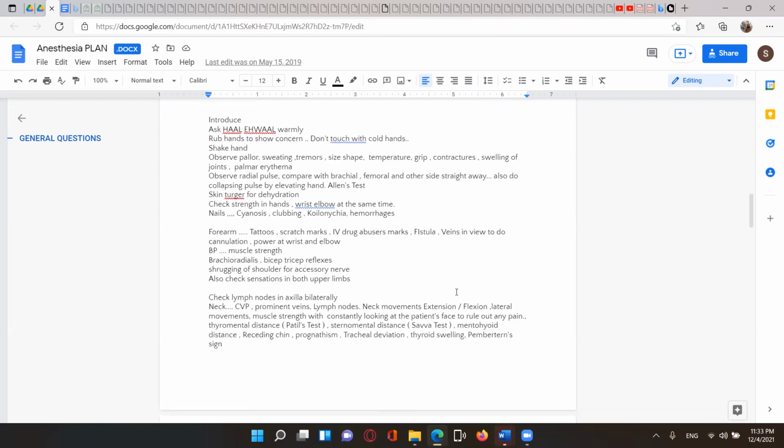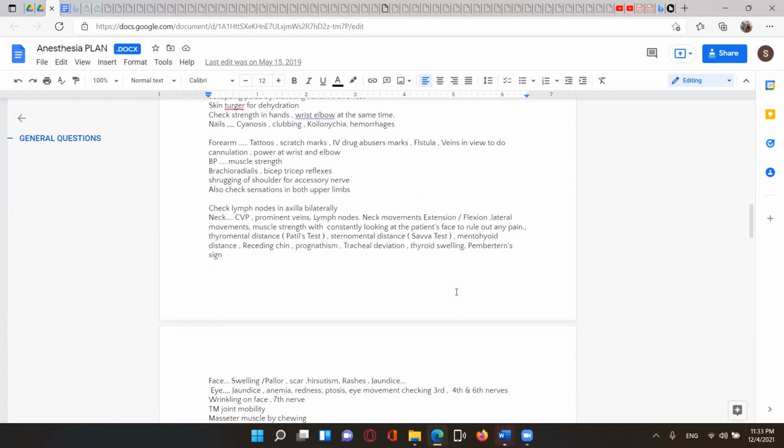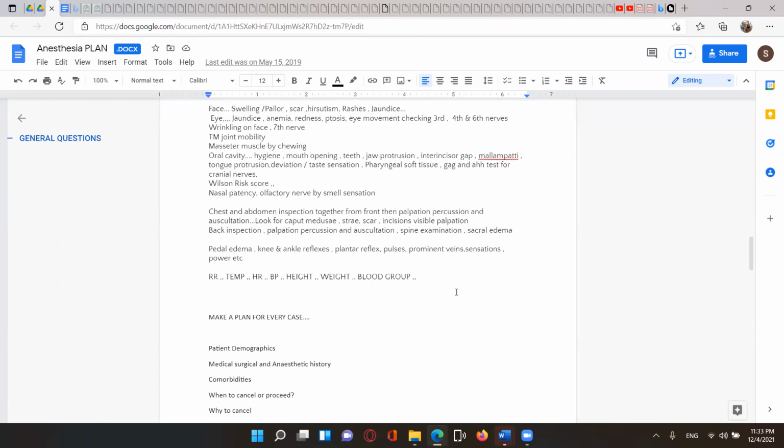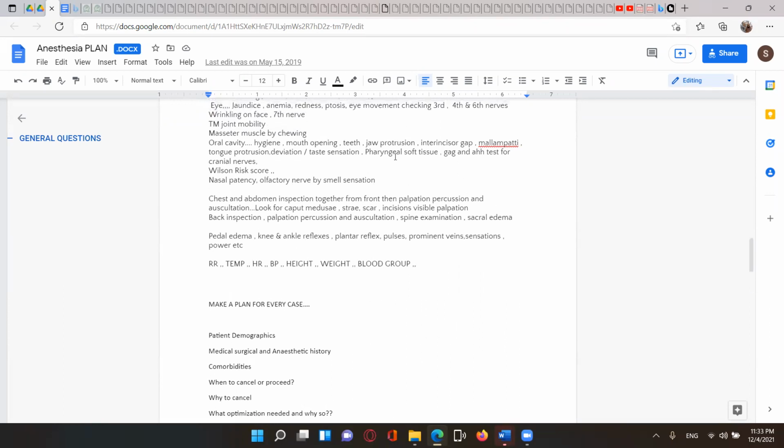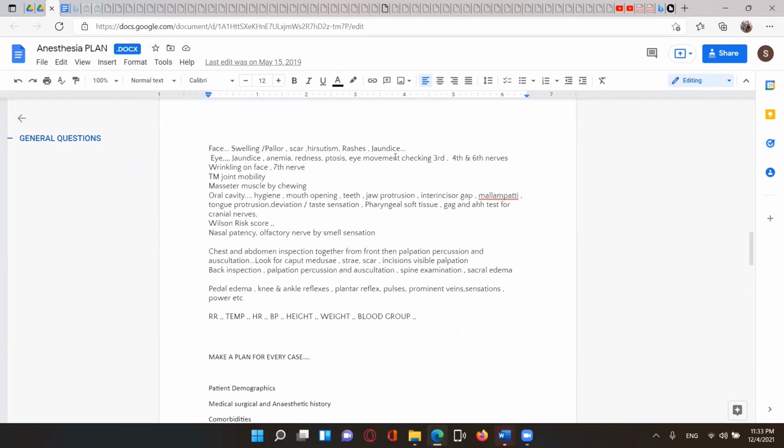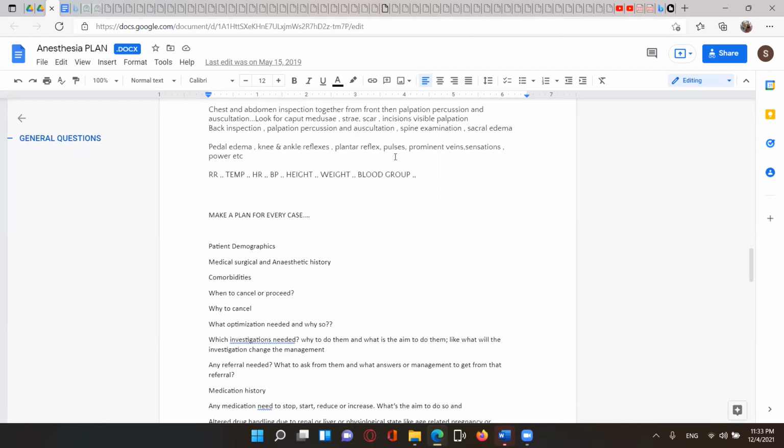This was related to the examination. There is no time for too much detail, but you should be knowing the vitals, and the height, weight, and blood group. I have chalked out whatever was possible for me, and there is always margin for improvement.